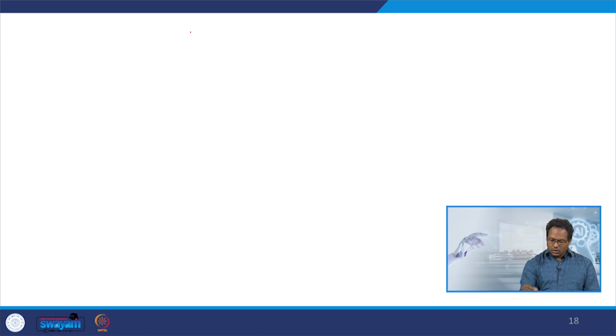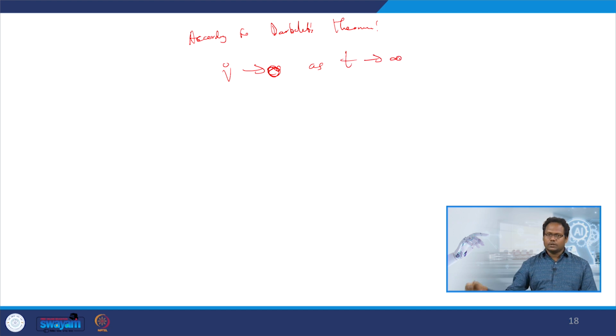So, according to Barbalat's theorem, V dot tends to 0 as t tends to infinity. That is according to Barbalat's lemma, you can say.